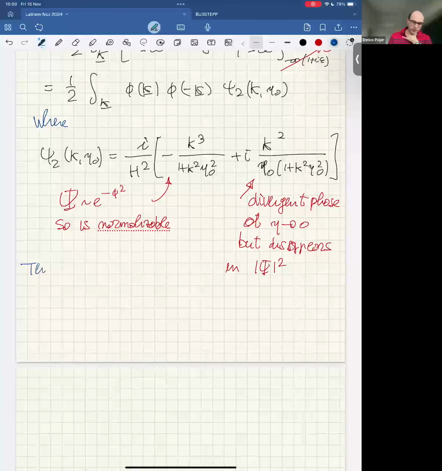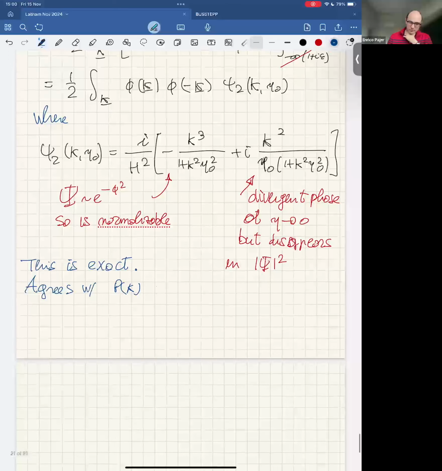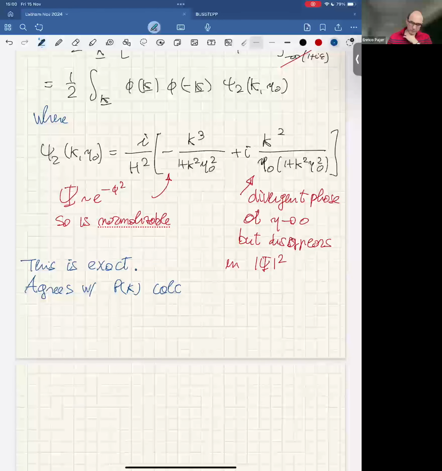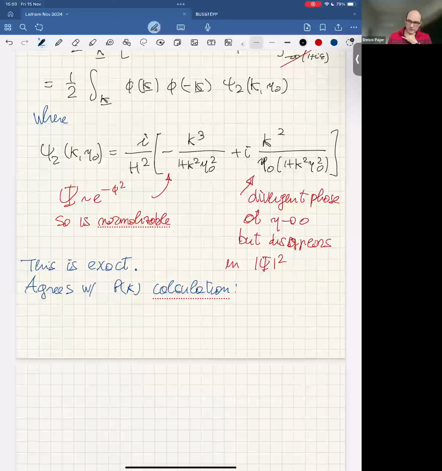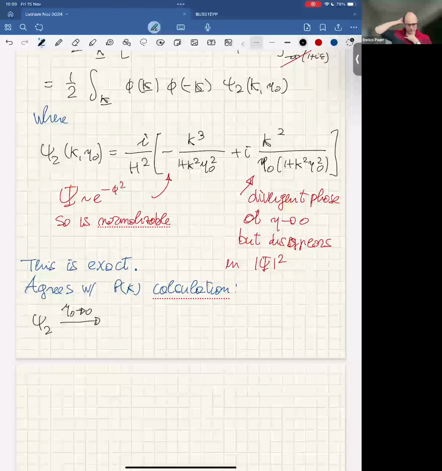Okay, this result is exact. No approximation, no perturbation theory. And of course, this agrees with the power spectrum calculation. Let's see if it agrees. I told you to compute the power spectrum, we computed it when we send eta 0 to 0.